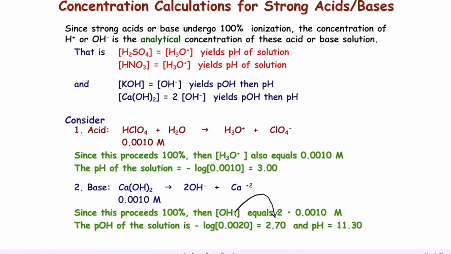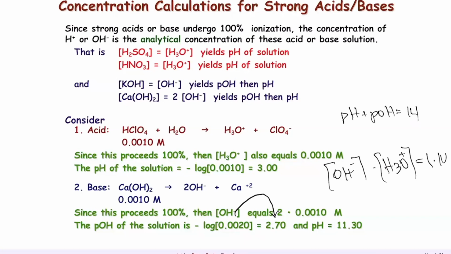Please remember that as well, that when you have hydroxide and you're asked to calculate the pH, you can calculate the pH in one of two ways. Like we talked about in the last discussion, you can use this equation, or you can use this equation, assuming it's 25 degrees.